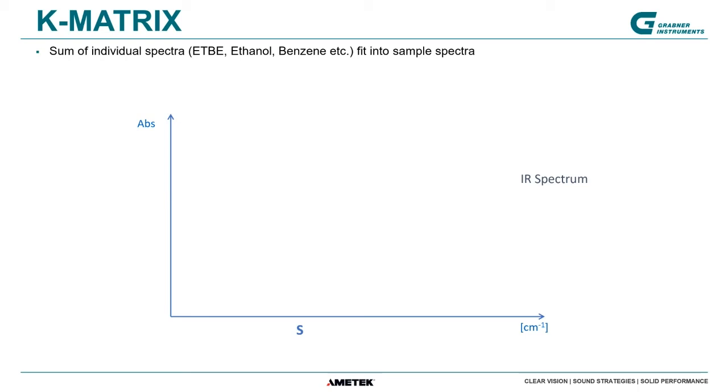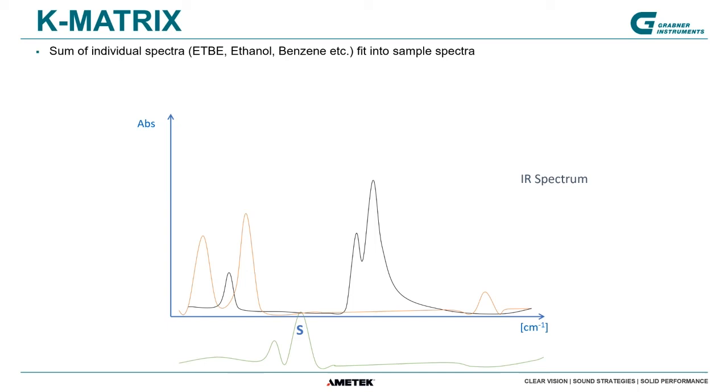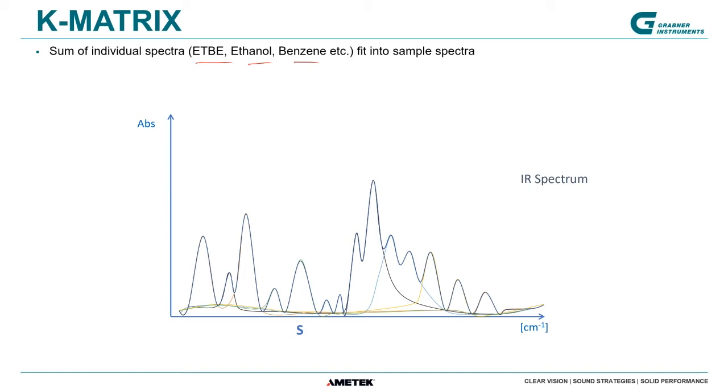And here we are using the K-matrix. The K-matrix, for example, is using the individual spectra of the components, like they are shown here, as a calibration part. And this is then with a certain matrix operation tried to fit into the actual measured spectrum.